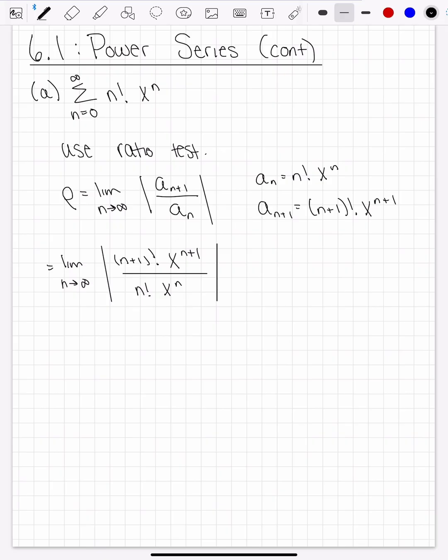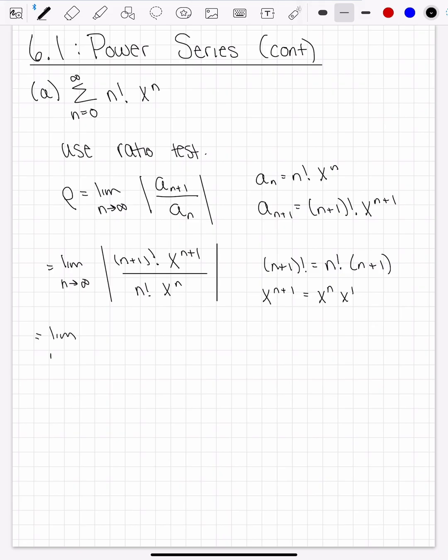And so we can rewrite: (n+1) factorial is the product of the first n+1 terms, which is equivalent to the product of the first n terms times the (n+1)th term. And x to the n+1, we can rewrite using rules of exponents.